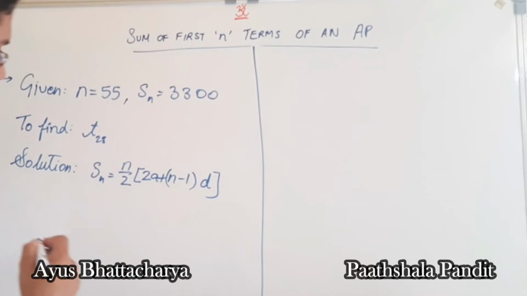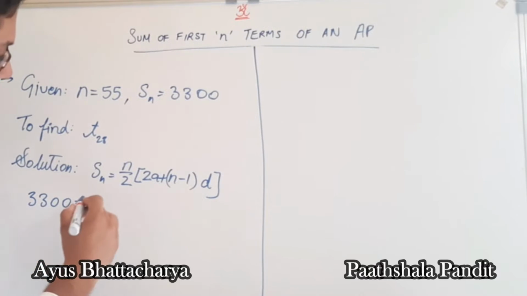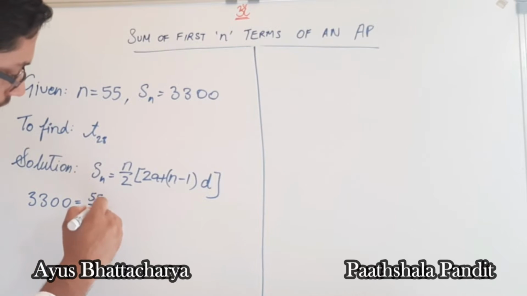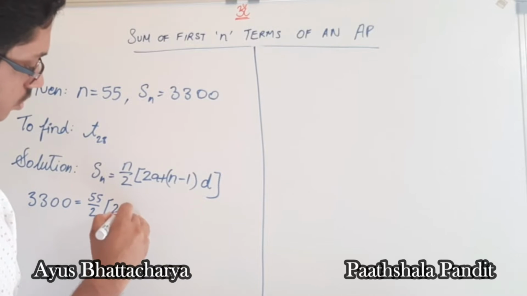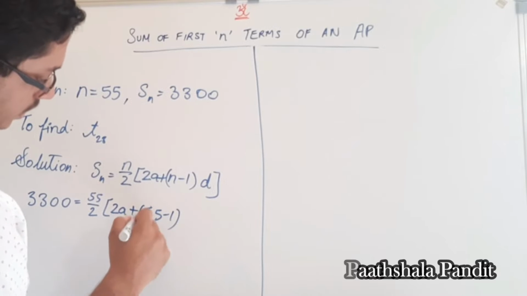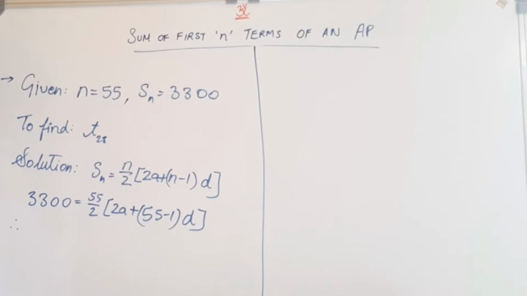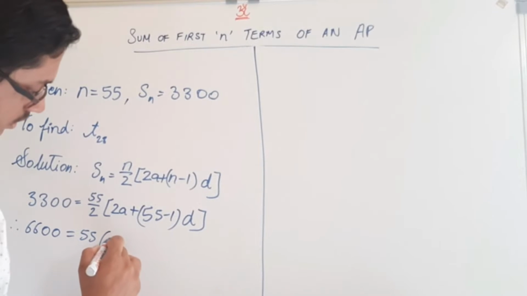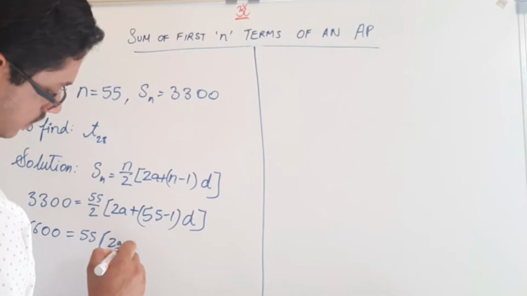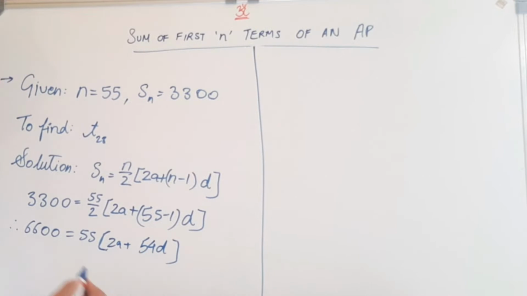This is the formula. Now 3300 is equals to n by 2, which is 55 by 2, into 2a plus 55 minus 1 d. Now solve it. 6600 is equals to 55 into 2a plus 54 d. Correct.